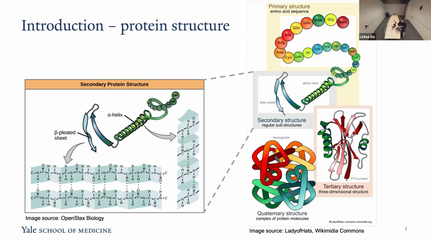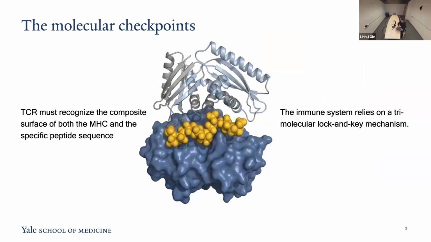The alpha helix is like a spiral staircase made of dozens of amino acids, and it is one of the most common structures that proteins naturally fold into. For our TCR receptors, you will observe several alpha helices in the shape.